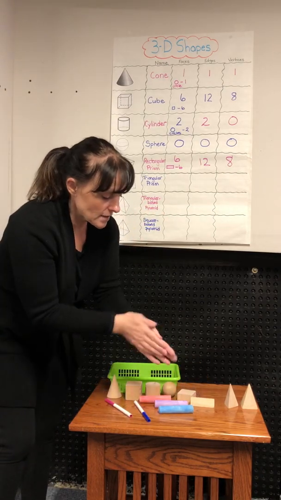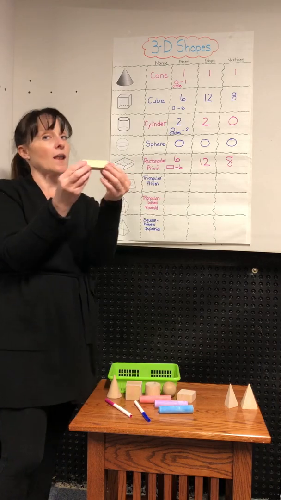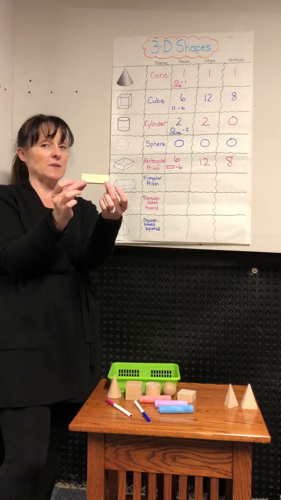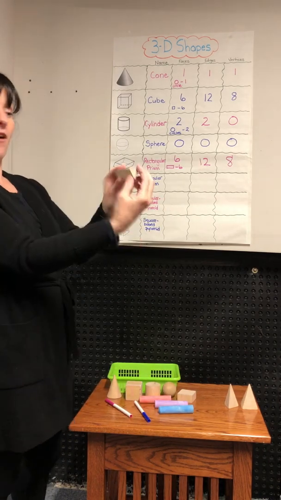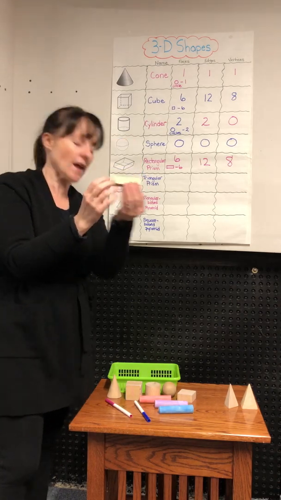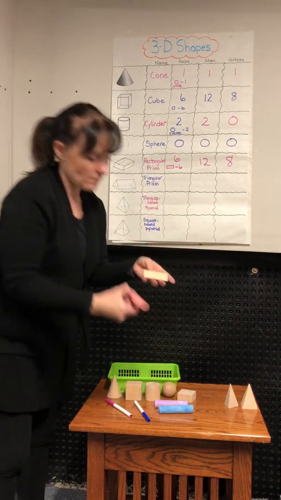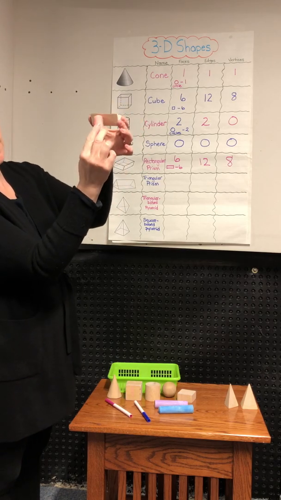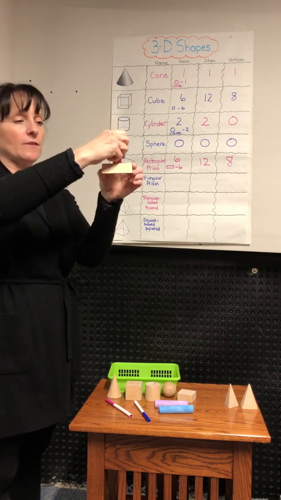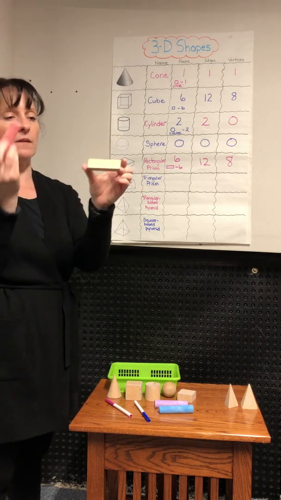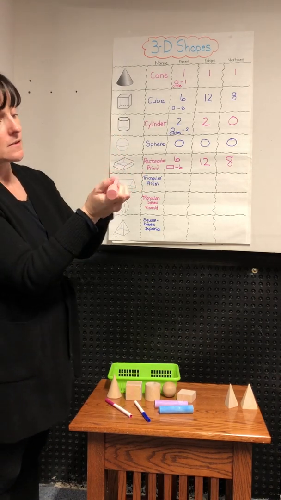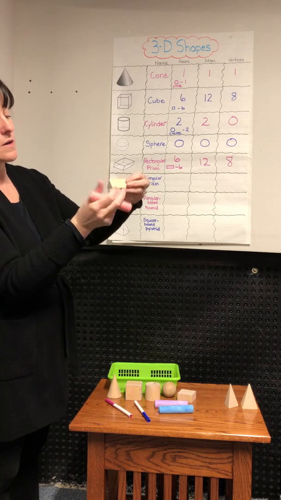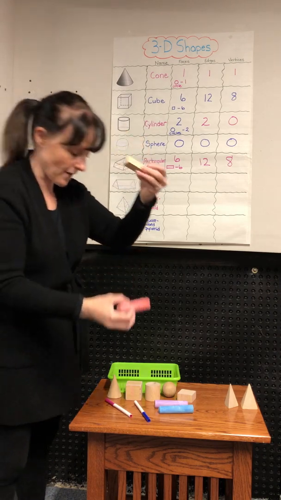On a triangular prism, I like triangular prisms because they remind me of Toblerone bars. But anyways, on a triangular prism, let's count faces. So I'm going to start right here. So there's a flat face, 1. I know I have a flat face on the bottom, 2. And I have a flat face at the back, 3. Can't forget about the sides. So I have a flat face here, 4, and a flat face, 5.